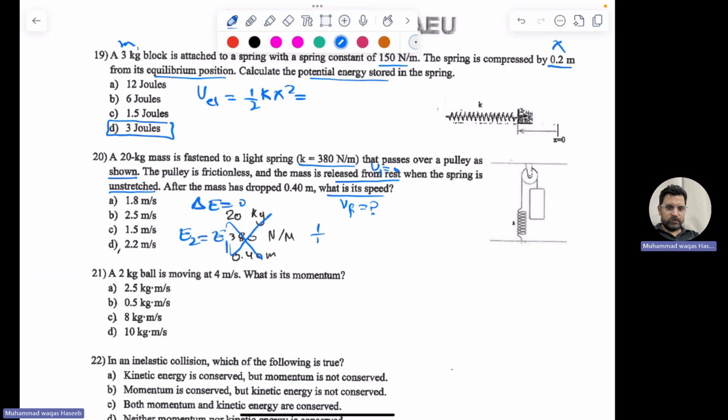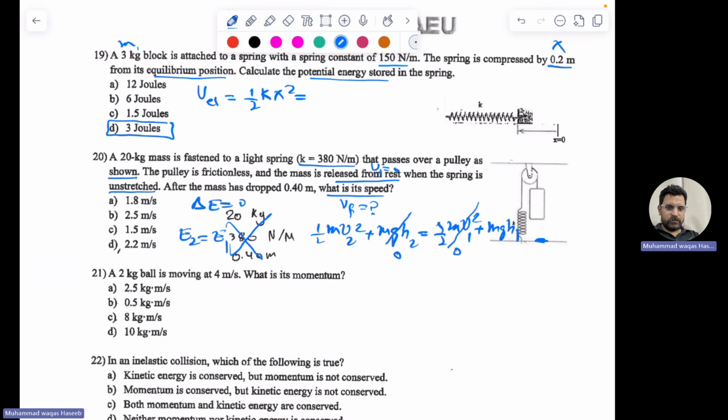So E2 is 1/2 mv2 squared plus mgh2 equals 1/2 mv1 squared plus mgh1. It starts from 0 velocity and it ends at the ground, so these two are 0.